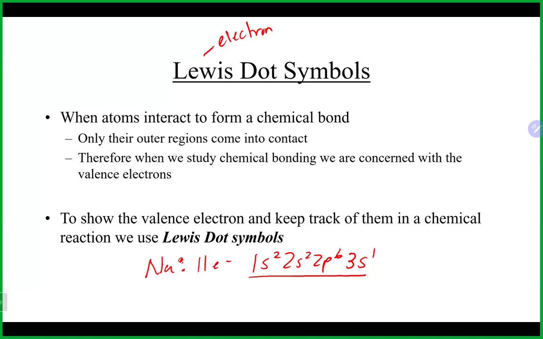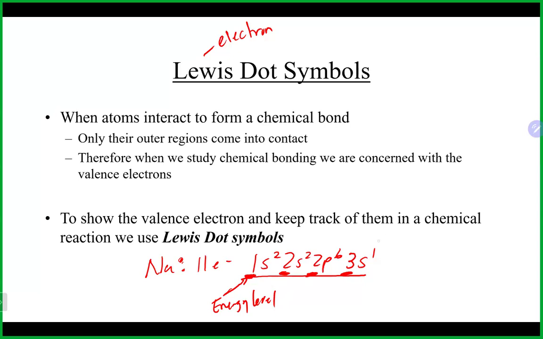But these first numbers here indicate the energy levels. So that's the first energy level, which is closest to the nucleus. These twos represent the second energy level, and this 3 represents the third energy level, which is the furthest away from the nucleus.